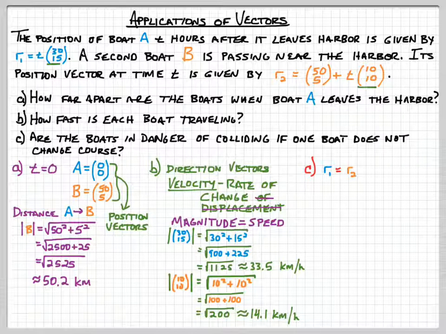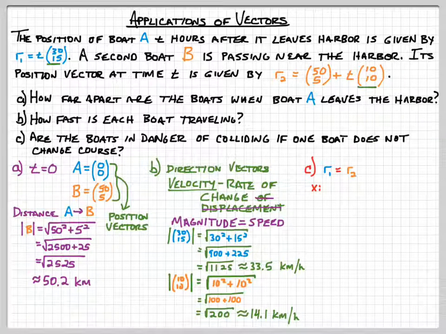So we essentially want to find out, does that point exist? We're going to look at the component pieces of each of these, the x values and the y values, and see if there is any risk of these two things being the same and crashing.